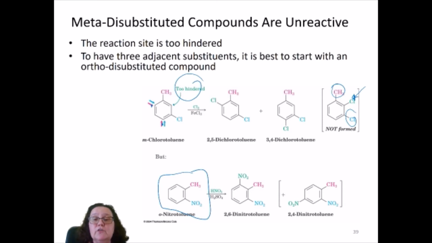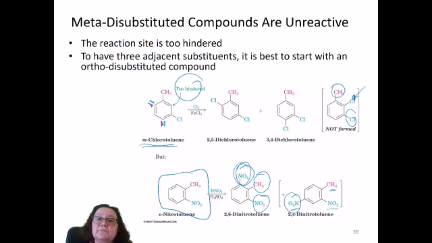If you add another nitro group, you get both compounds, the one in which the nitro group is in the adjacent position to the methyl group and the other one in which it would be in an opposite position, because both the methyl group and the nitro group will favor this position. But the bottom line is that you are able to put these three substituents adjacent to each other, and you will not be able to do it if you are starting with a meta-substituted benzene.